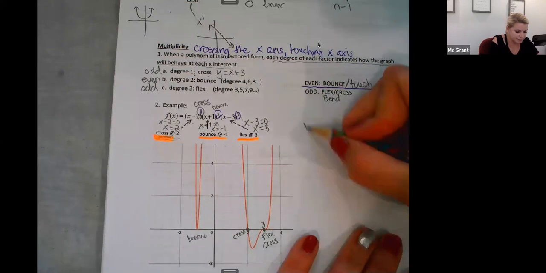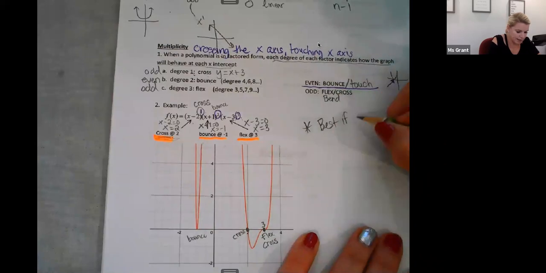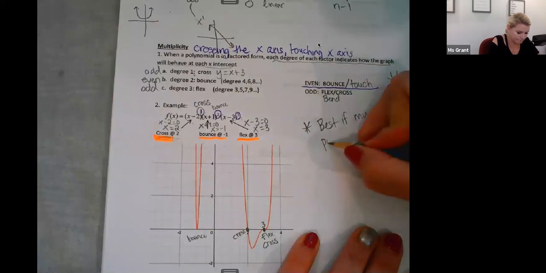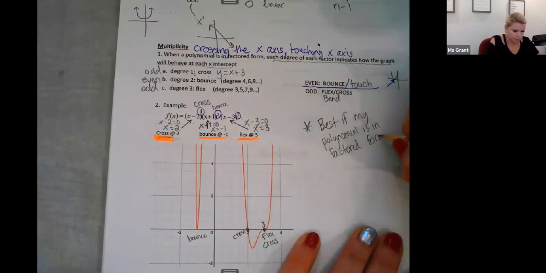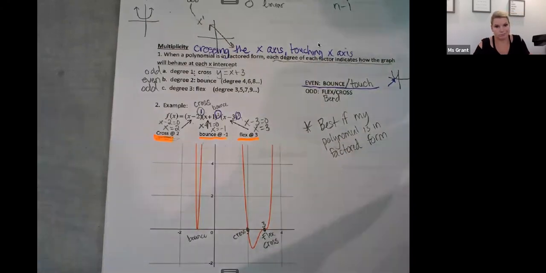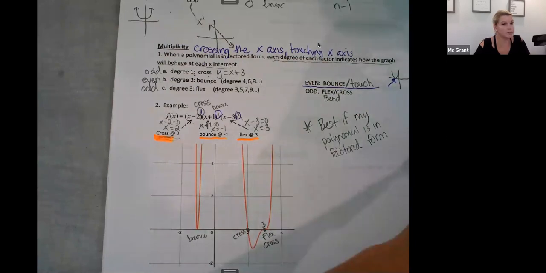It's best if my polynomial is in factored form with the parentheses. If it's not, then you try and factor it yourself. If you can't, then you use Desmos.